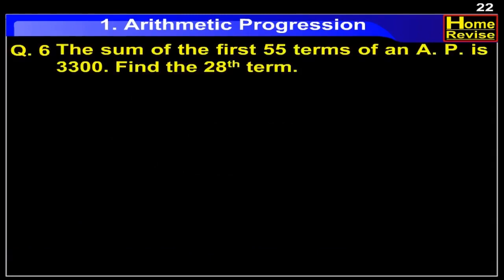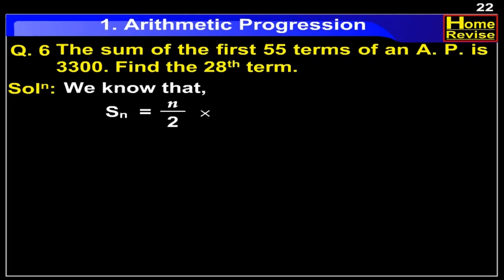The sum of the first 55 terms of an arithmetic progression is 3300. Find the 20th term. Solution. We know that Sn is equal to n upon 2 into 2a plus n minus 1 into d.